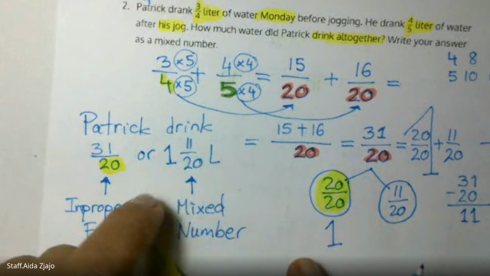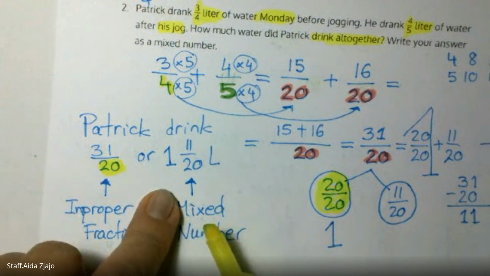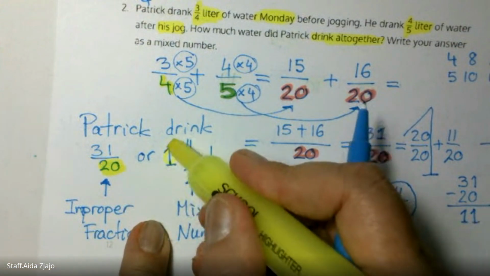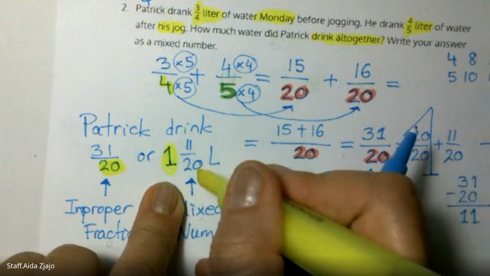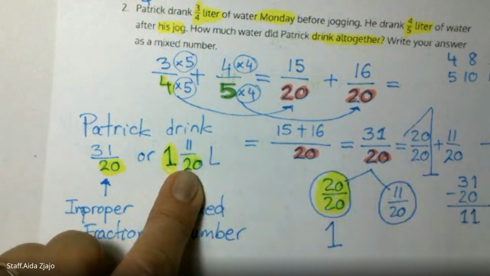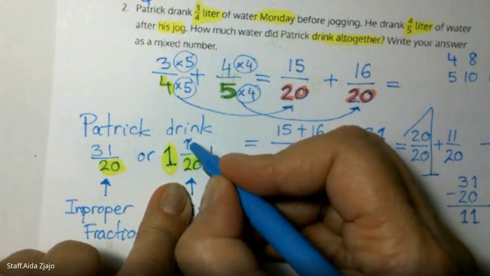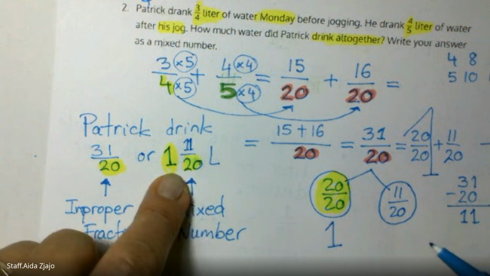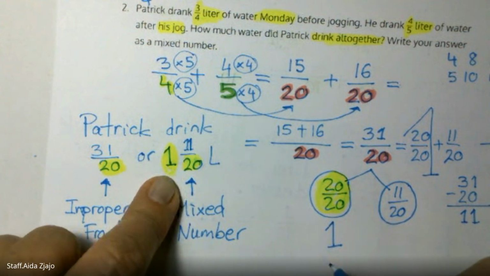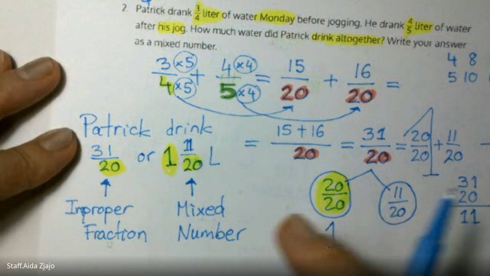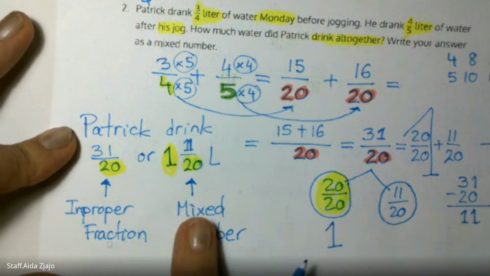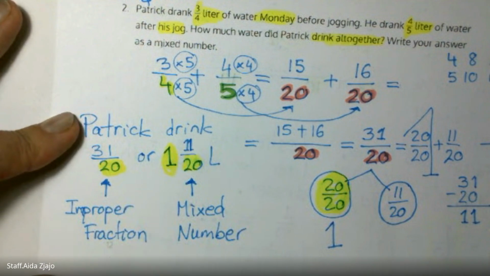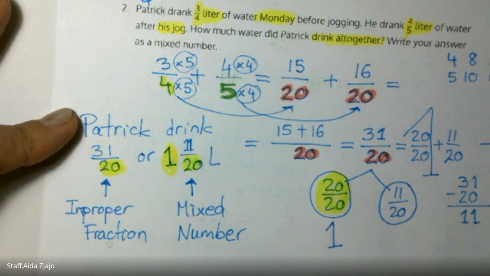Then you will say this is a mixed number. This is a whole, and these are the parts. So you have 11 parts, 11 pieces of 20th, and you have a whole piece. So this is called a mixed number, and this is called an improper fraction.